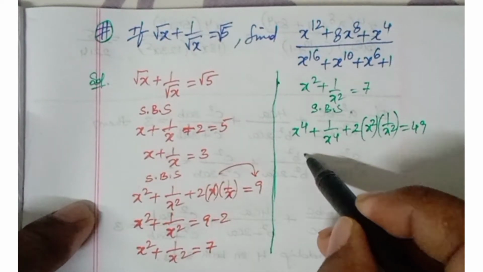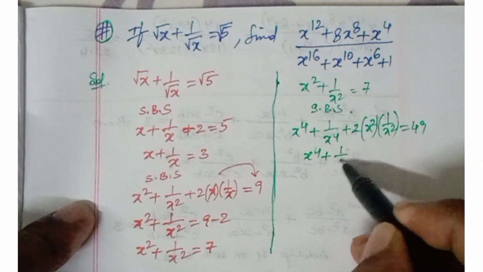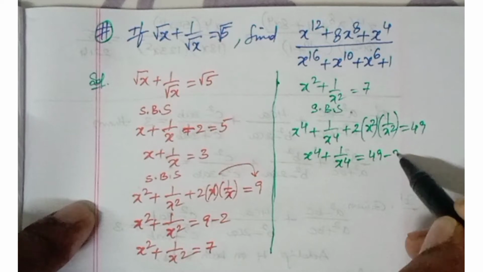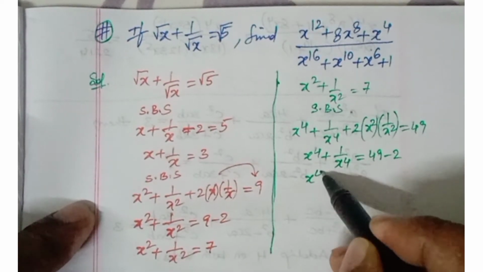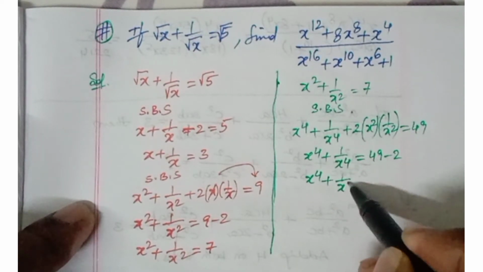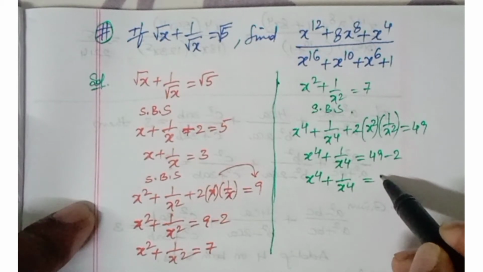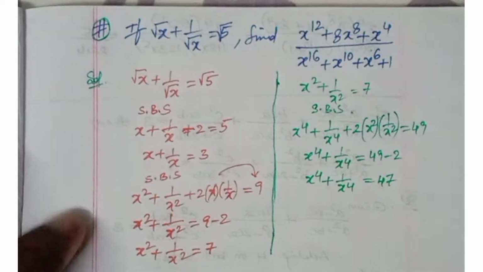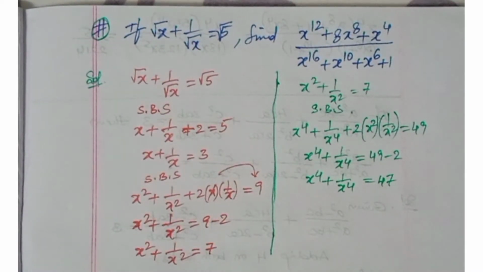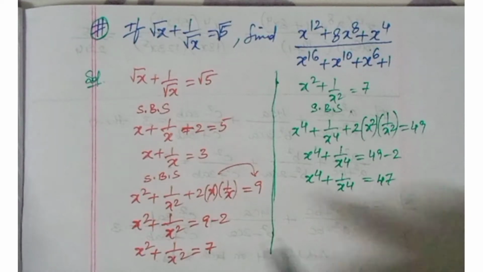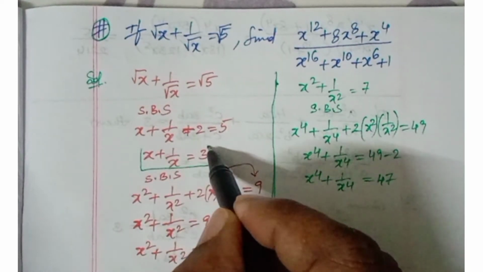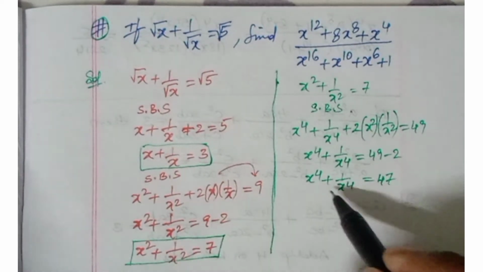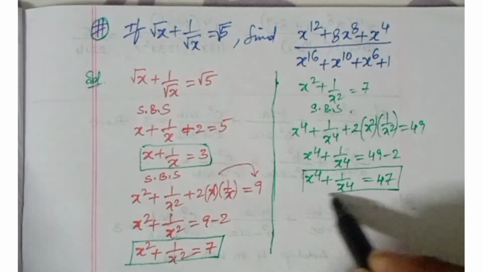So here you will get x power 4 plus 1 by x power 4 is equal to 49 minus 2, which is 47. So here you got the value. All these values we'll use afterwards in the problem.